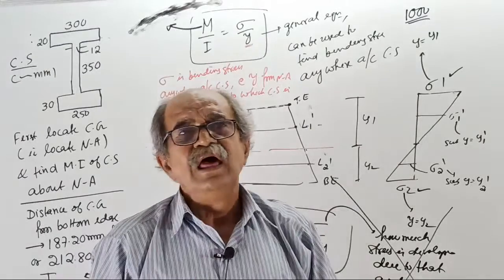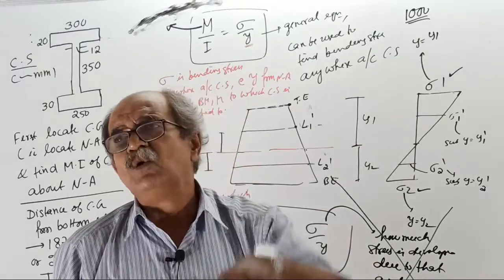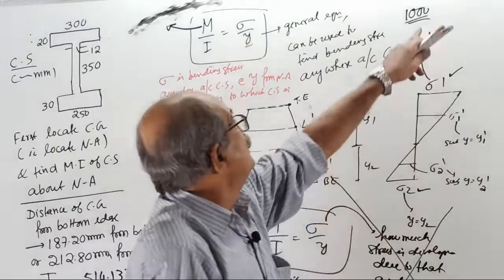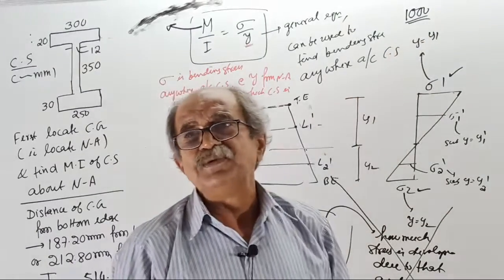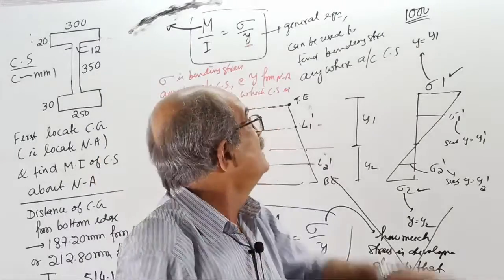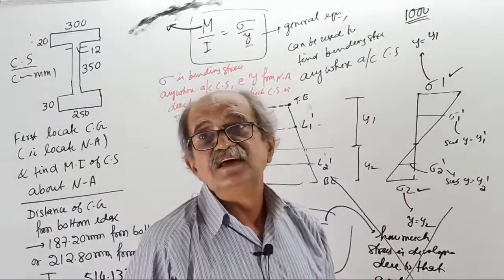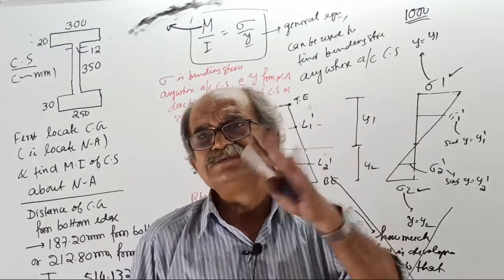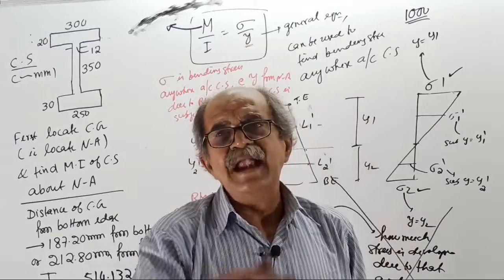You cannot tell him, I have only 1,000. If you have 1,000 rupees in the pocket, that is the maximum money you can spend. That is your moment of resistance. Randomly eating and whatever bill comes, that is not moment of resistance. That is a random bending moment.